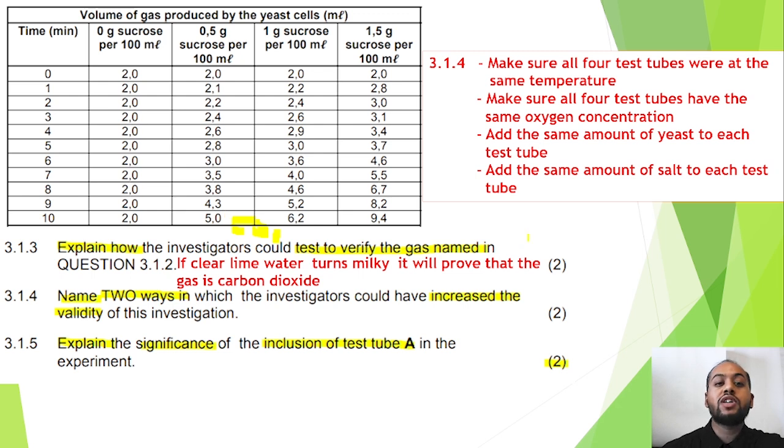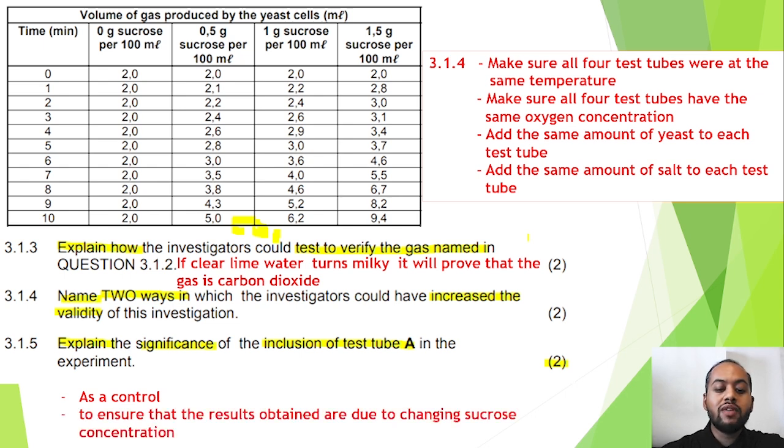So why are you going to include a test tube like that? Because that test tube will serve as a control. And it will ensure that the results obtained are due to changing sucrose concentration. So it's going to serve as a control to ensure that the results are going to be valid. And it's also going to allow you to have something to compare your results of the investigation with.